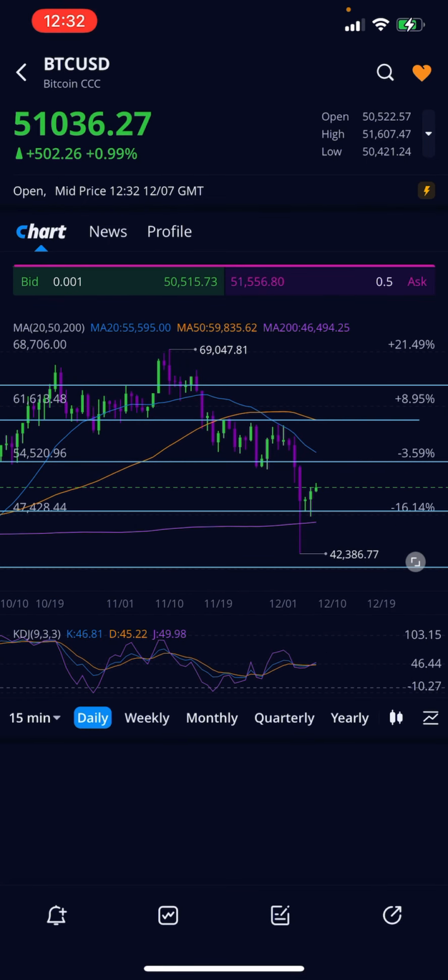I'm guessing most of you have heard about bears and bulls. Now, imagine bears and bulls, and imagine the support and resistance lines as fences.